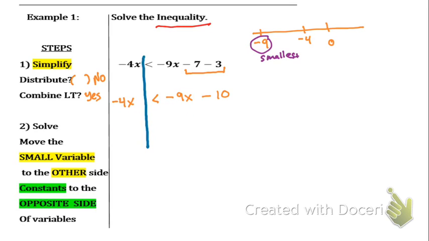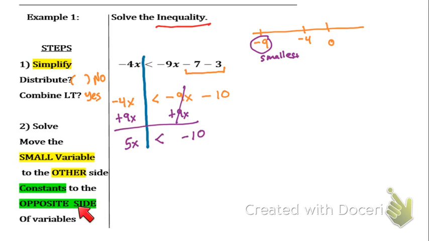Now, again, when we move things across, we need to do the inverse. So this is a negative 9, so we will be adding 9x to both sides. Draw our line. That cancels. Alright, so negative 4 plus 9x will give us positive 5x. Bring down what's left, and we're left with this.